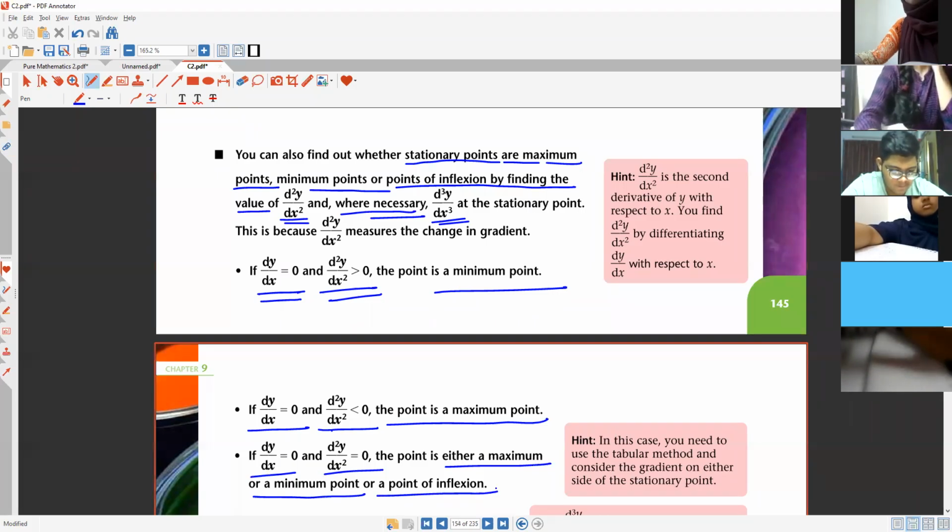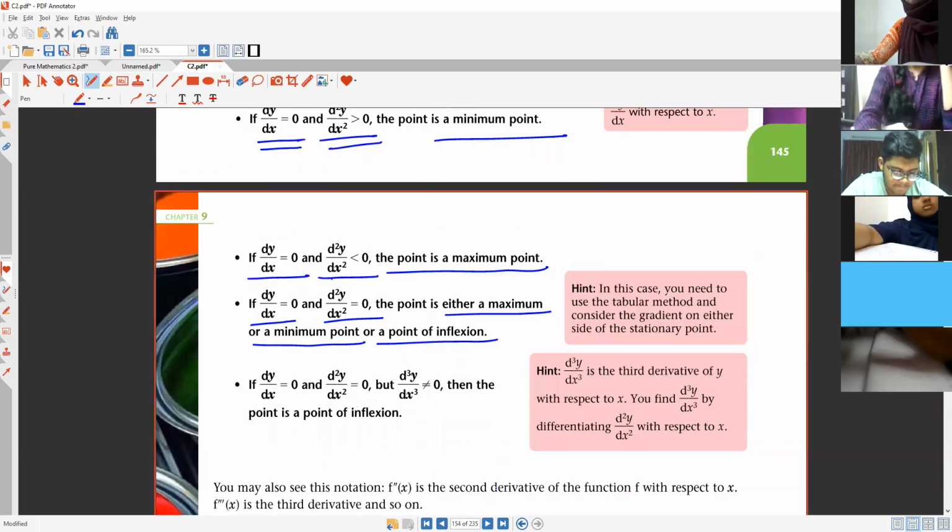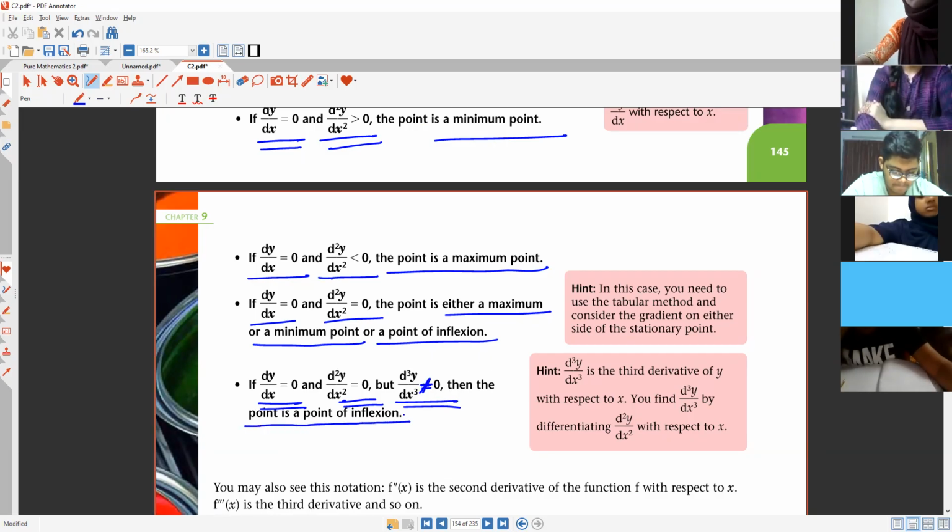Now, if the first is 0, the second is 0, and the third is not equal to 0, this is not given in our P1 book, then the point is a point of inflection. Is this clear? Everyone, just let me know.